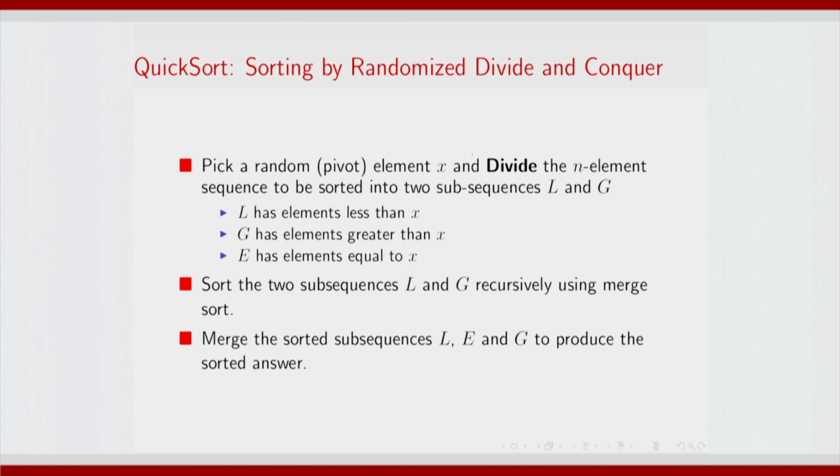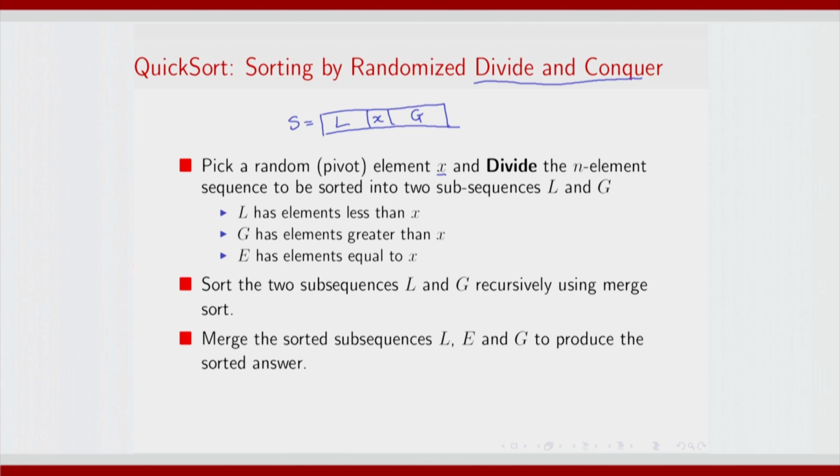Quicksort is another instance of the divide and conquer approach to solving a problem. In particular, given a sequence S, quicksort is hinged upon choosing a pivot element x, and based on this pivot element x, identifying the set of elements in S which are less than x and the set of elements in S which are greater than x.